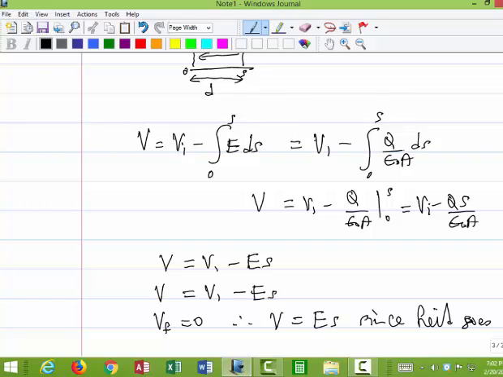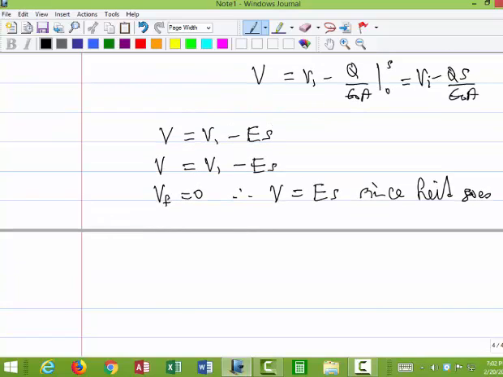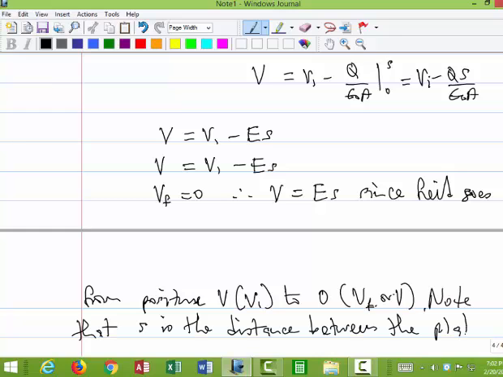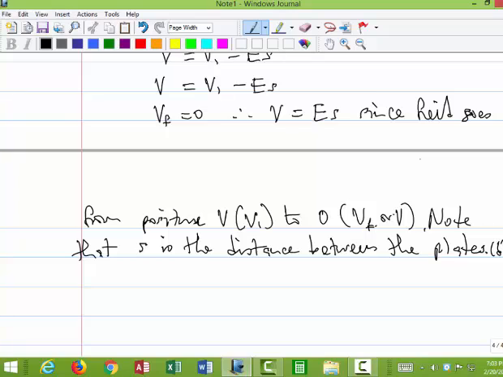The potential between the plates is just E times S, where S is the distance between the plates. That distance is D, so you can say the potential V is equal to E times D. Questions at this point?